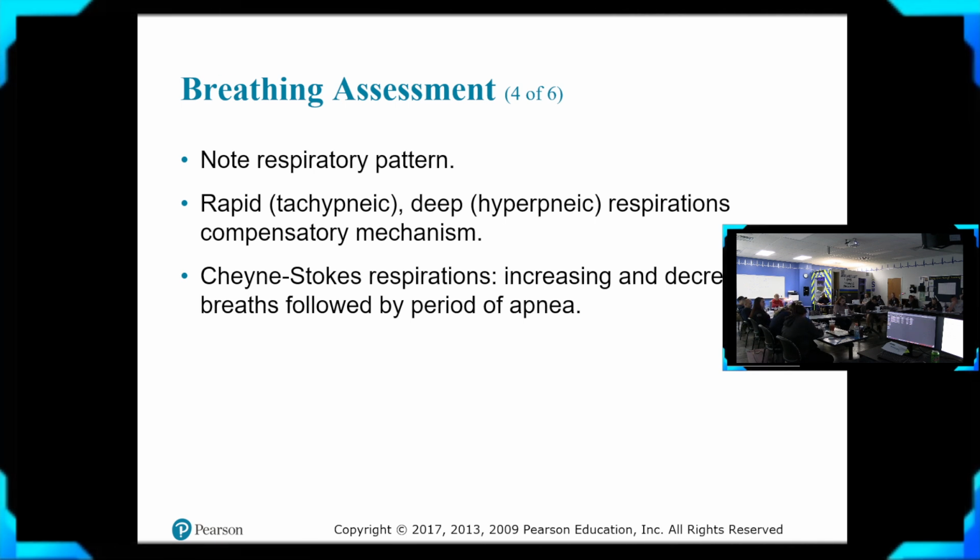Cheyne-Stokes, where do we usually see that? You can use it, typically we see it during DKA. Any type of head trauma, neurotrauma, you can see it as well.